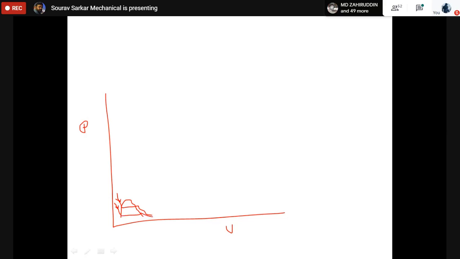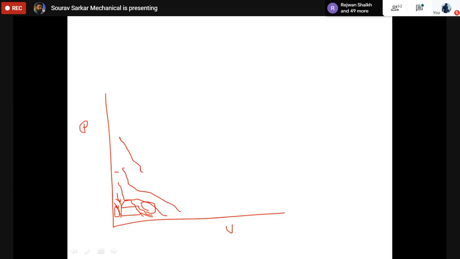What he was saying is that this part is my compressed liquid. Very good. This part is my superheated vapor. Now I am trying to say that if we perform it for a higher temperature, this diagram will look like this. If we do it for some higher pressure, some higher temperature, this diagram will look like this.